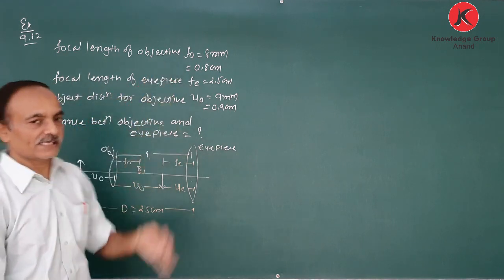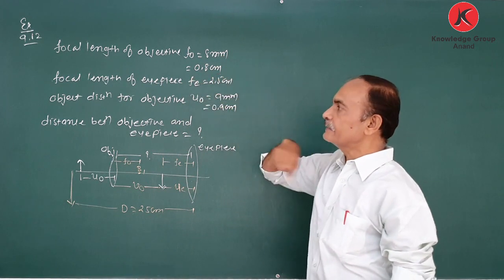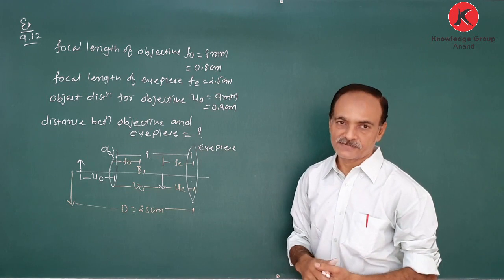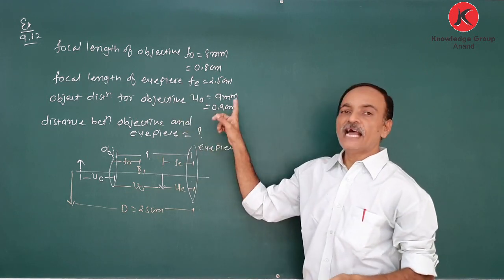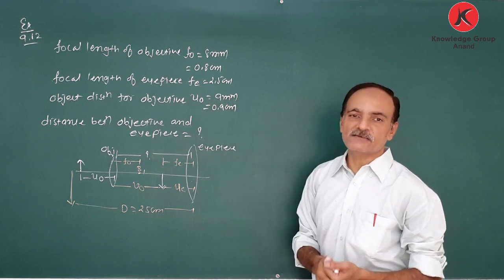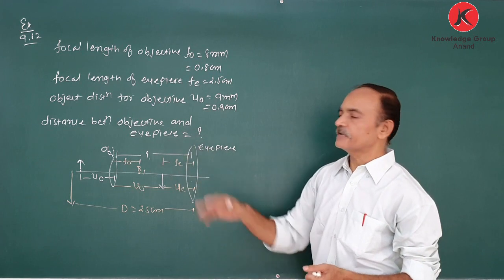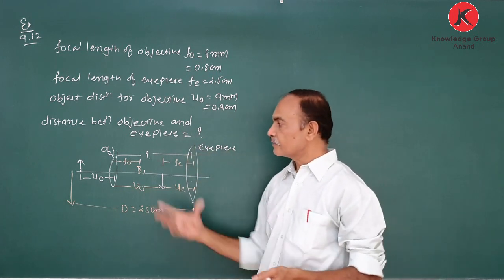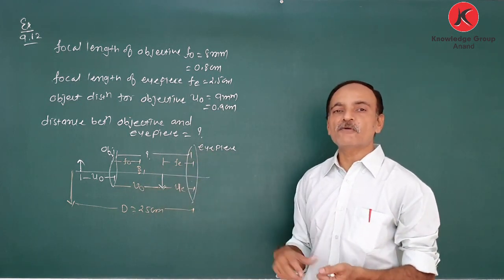Using a compound microscope with the objective with focal length 8 millimeter, that means 0.8 centimeter, and eyepiece with focal length 2.5 centimeter, an object is placed at 9 millimeter from the objective lens. Find the distance between the objective and eyepiece. So how do we calculate it? For that purpose, we get the idea from the block diagram of compound microscope.